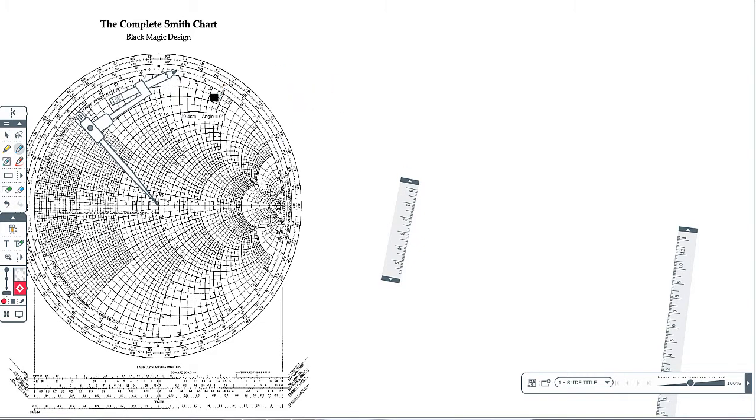First we are given the load impedance ZL, 25 plus J50. Then the transmission line length provided is 3.3 lambda, and from that we have to calculate Z in.